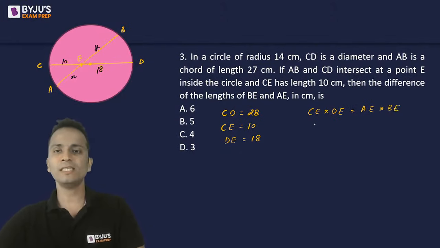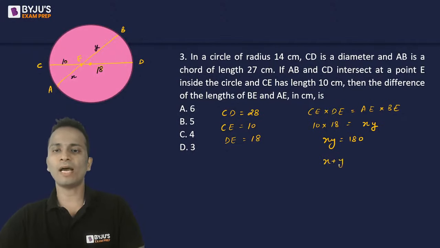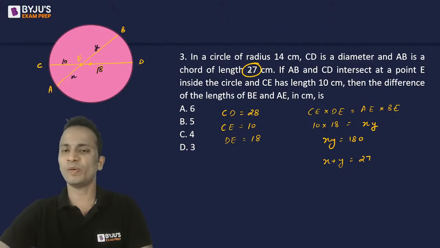Now CE is 10 and DE is 18, so that will be the product of AE and BE, that is x multiplied by y. So x into y is 180. Also, we know that x plus y is equal to 27 because the entire length of the chord AB is given as 27.